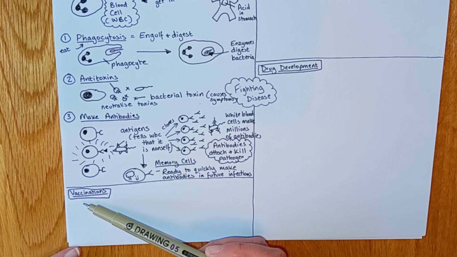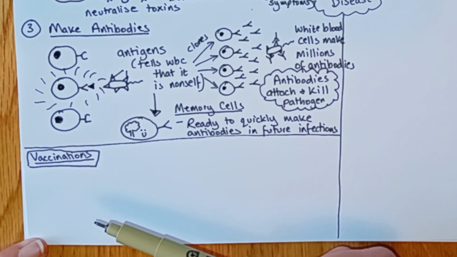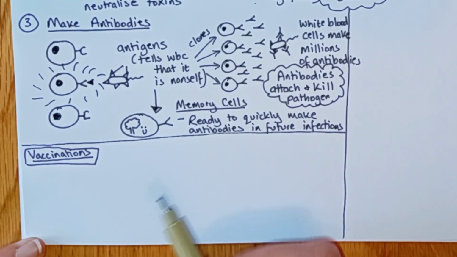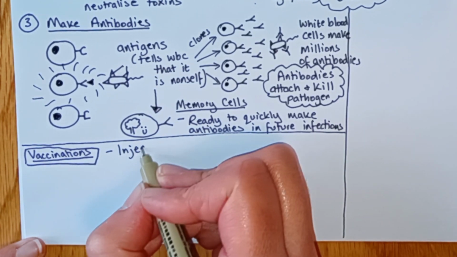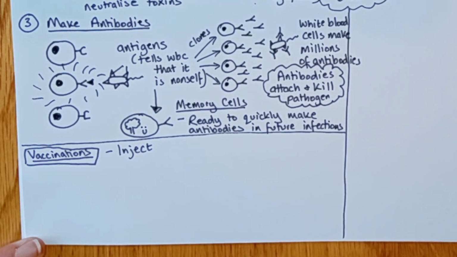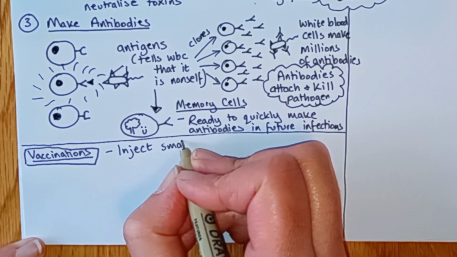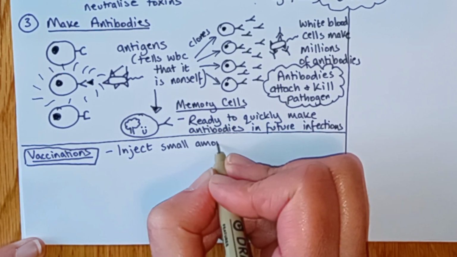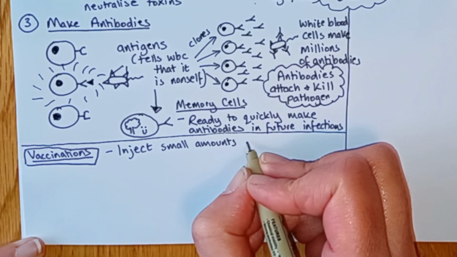Vaccinations then are a way we use our own immune system to protect ourselves from future infections. So a vaccination is when we inject, although sometimes it can be eaten or squirted up the nose, small amounts of dead or weakened pathogens.